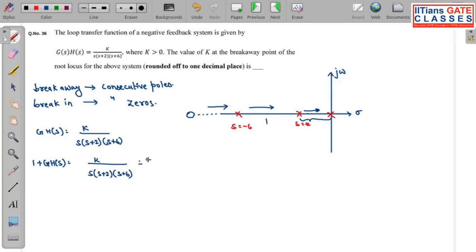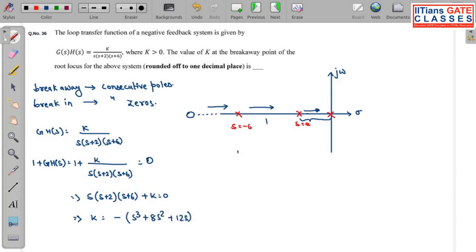Equating this to 0, that will be s(s plus 2)(s plus 6) plus K equal to 0. So I can write K is equal to minus (s cube plus 8s square plus 12s).